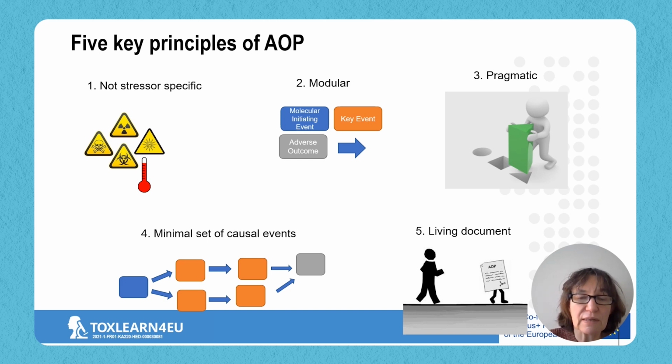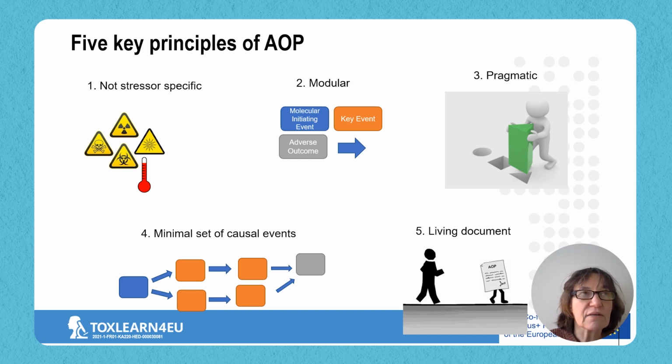It is built from different building blocks that make up the pathway. You need a minimum set of causal building blocks to form an AOP, so you cannot say just a molecular initiating event and an adverse outcome. You need a minimal causal chain starting from the molecular initiating event, crossing the different biological levels of complexity up until the organism or population level.